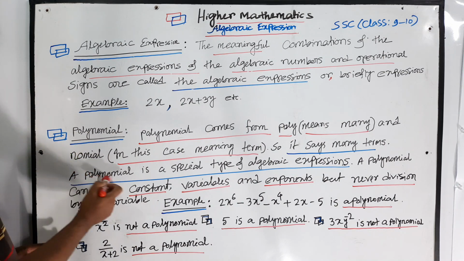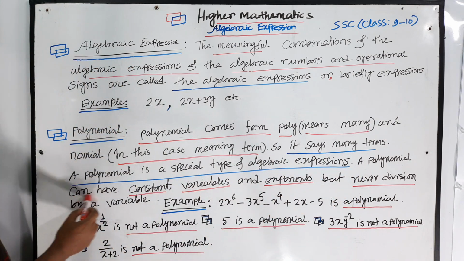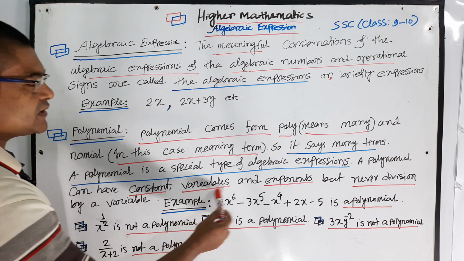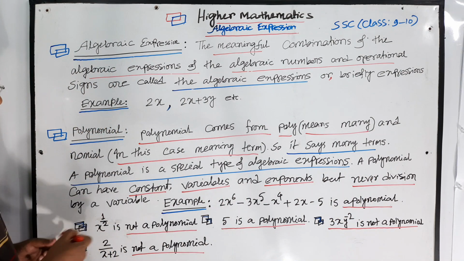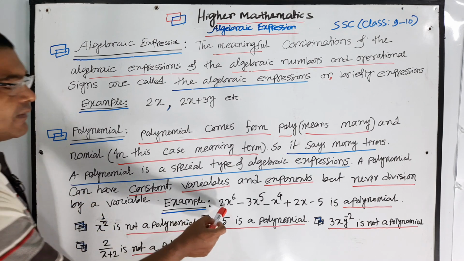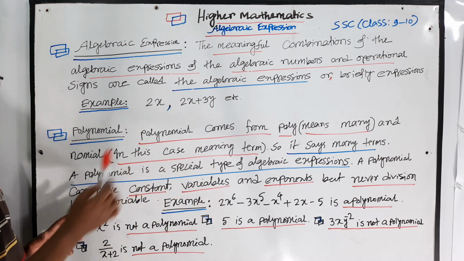A polynomial is a special type of algebraic expression. A polynomial can have constants, variables and exponents, but never division by a variable. So this is an example of a polynomial.